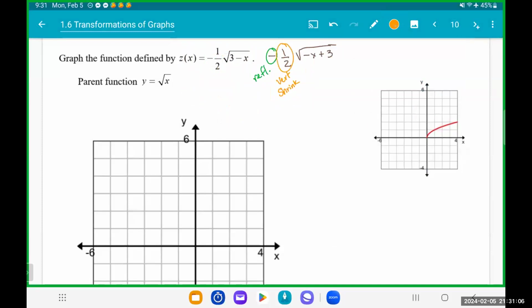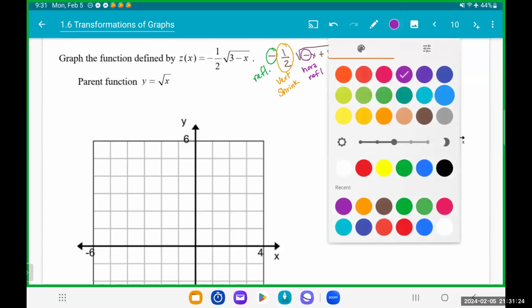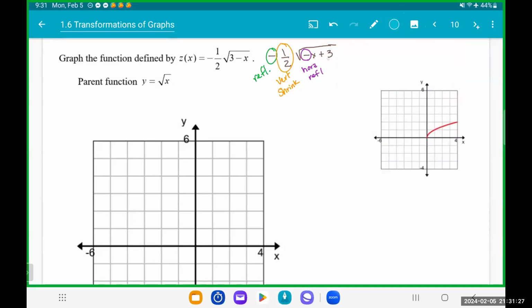Okay. This negative right here, that tells me that I have a horizontal reflection. Okay. And lastly, this plus 3 tells me that I have a horizontal shift of 3 units.